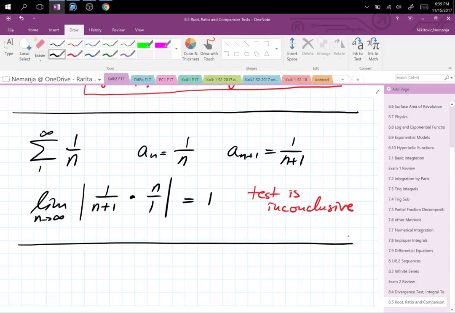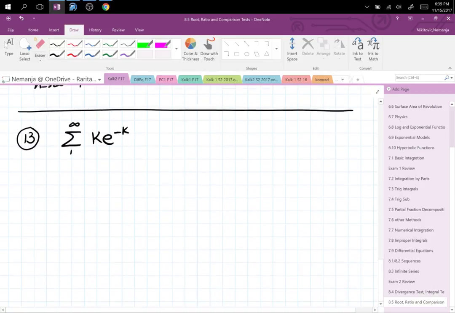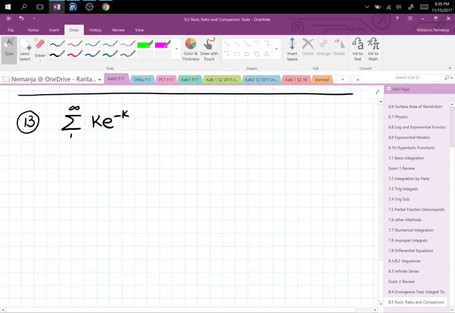Under basic skills, they're asking you to compute. Problem 13 is interesting. A lot of these are interesting, but the summation of k e to the negative k from 1 to infinity. Go.